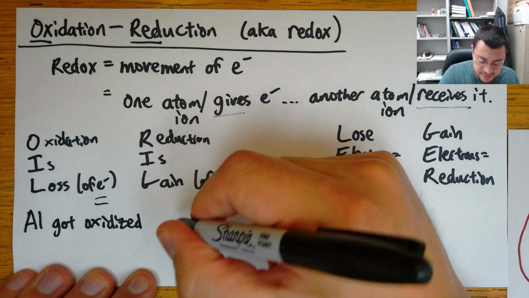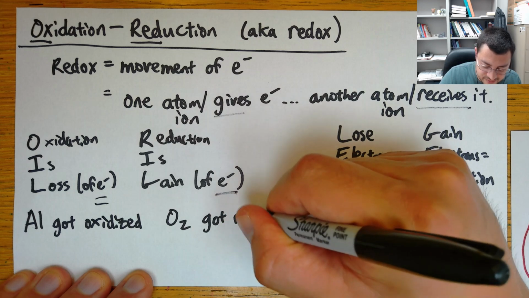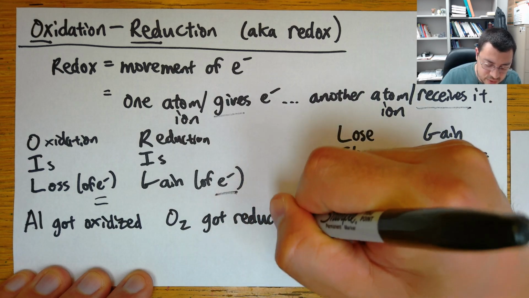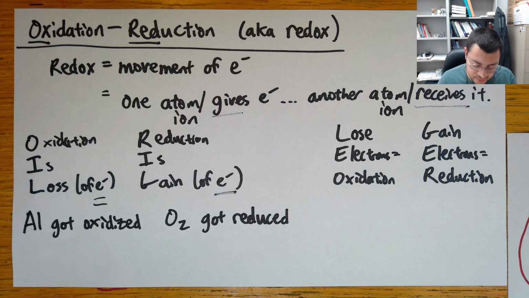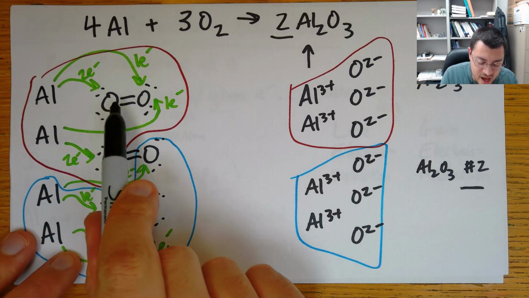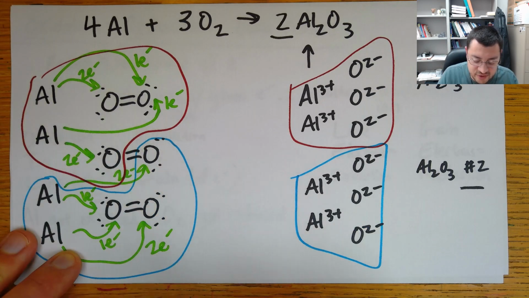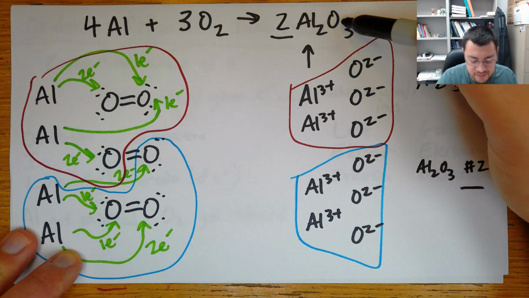And the opposite must be true, that oxygen got reduced. There's only two elements in the reaction, so we can do that by process of elimination. But an even better argument is to see that oxygen is indeed receiving the electrons. We went from a neutral to a negative.